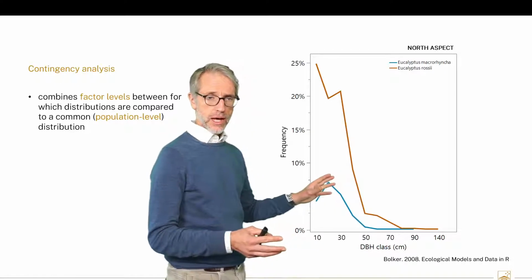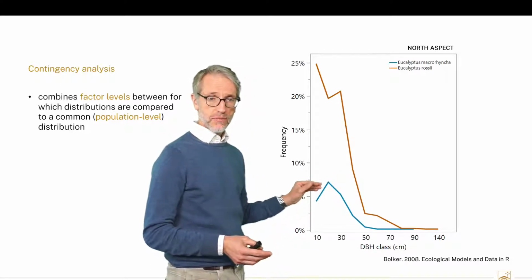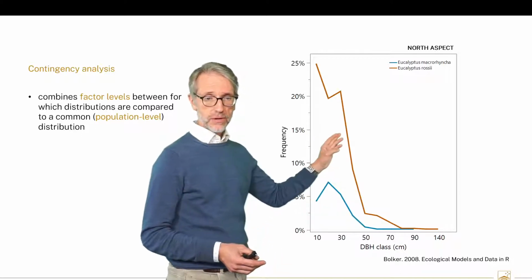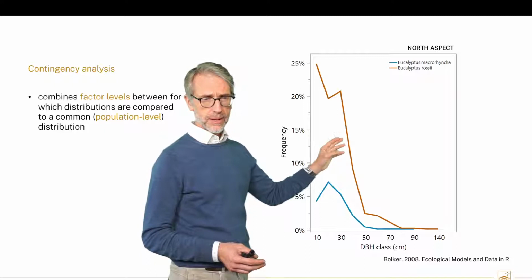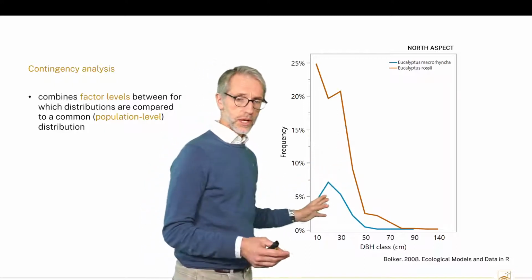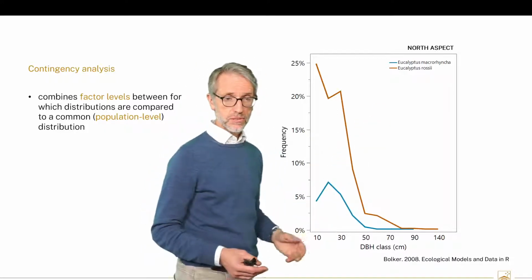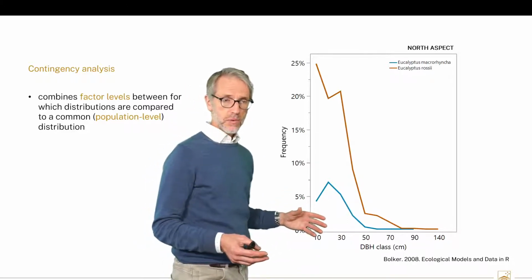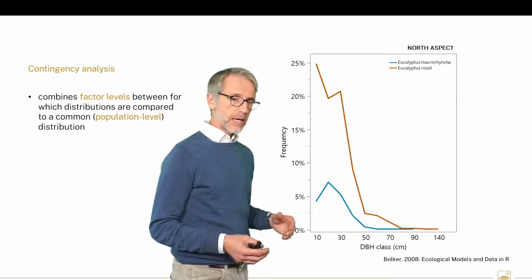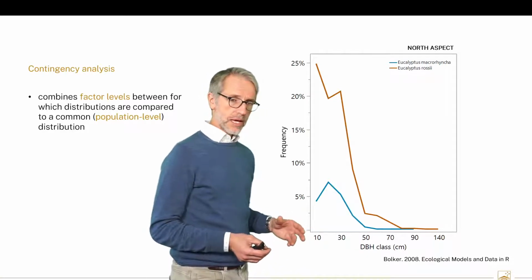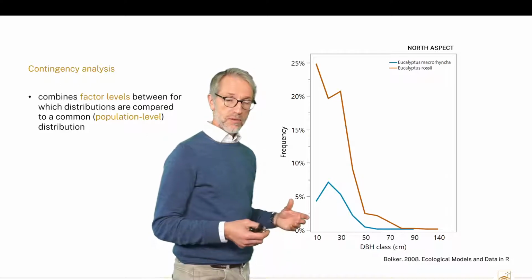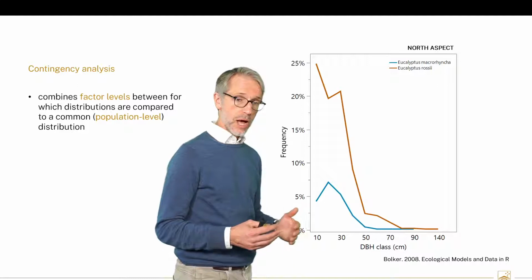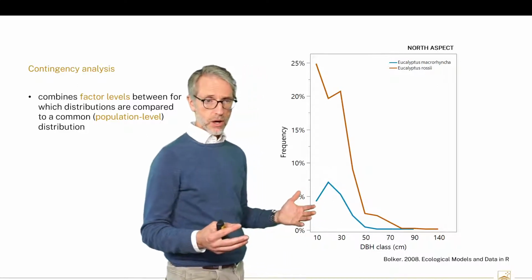Now, here I have two factor levels. I have a factor level for Eucalyptus macrorhyncha, and I have another one for Eucalyptus rossii. It doesn't have to be just two. We could have all of the species on Black Mountain if we wished, and we could analyse their frequencies simultaneously relative to each other. In a way, it's very much like the ANOVA, where we have multiple levels and we are looking at deviation away from a common overall mean.